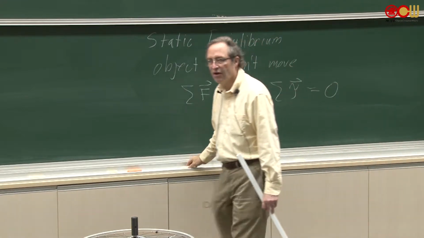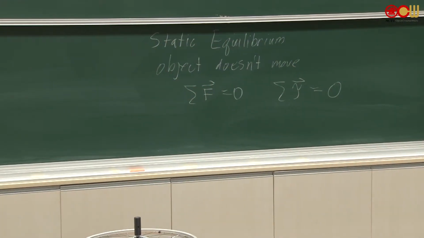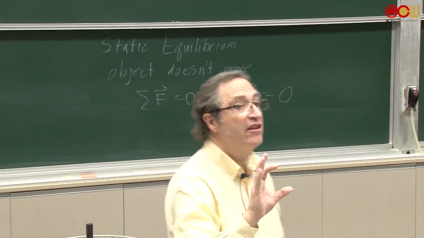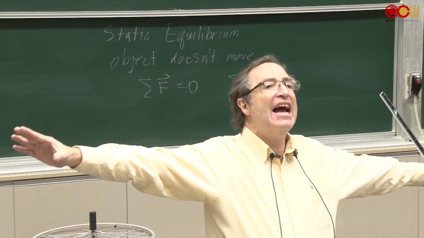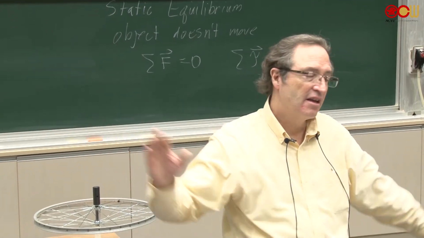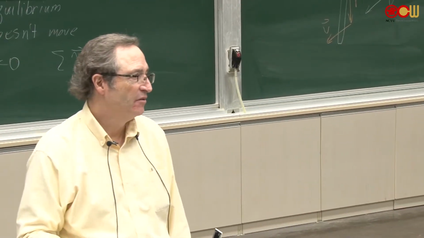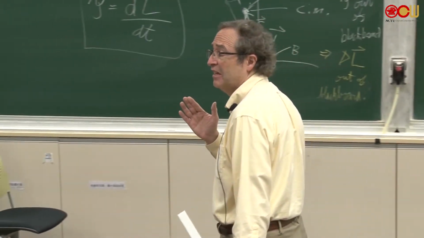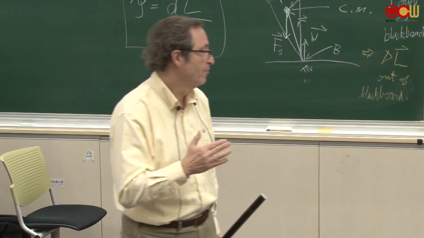Both are needed. And the beauty of the torque condition is that the sum of the torques about any axis you choose has to be 0. So you can choose whatever axis is useful for you. Not so bad.